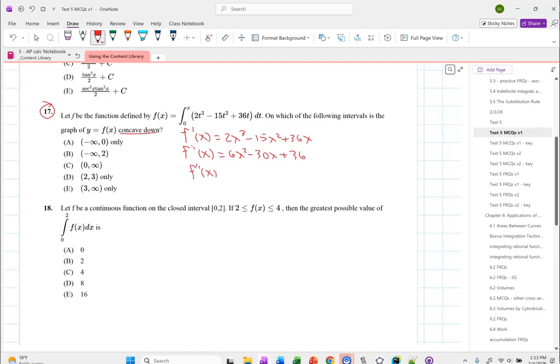I'm going to find the inflection points where we're going to change concavity from positive to negative. Luckily, this is defined everywhere, so I don't have to worry about where it doesn't exist. I'm going to divide 6 through by everything to make my life easier. So I notice that that's going to be that.